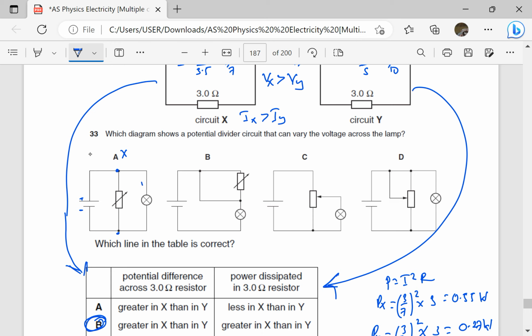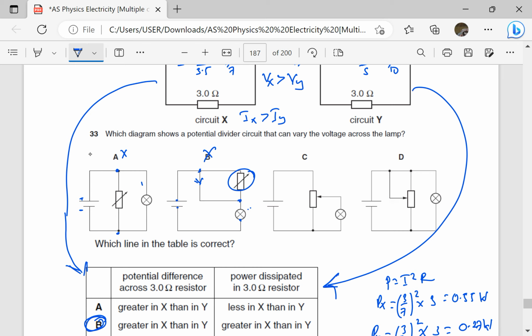So the PD across the lamp is constant. This one here also, because there will be a short circuit, current will take this route rather than the variable resistor. So the PD across the lamp will always be constant, because this potential is the same as this, which is the same as that. The potential below the bulb is the same as that, so the PD across the lamp is always constant and will not vary.